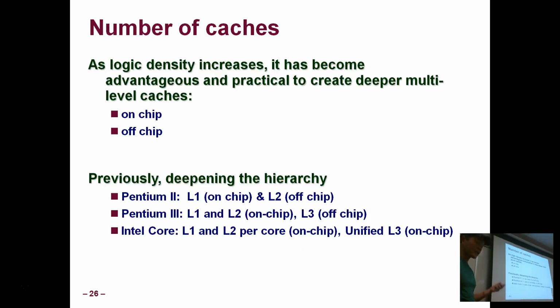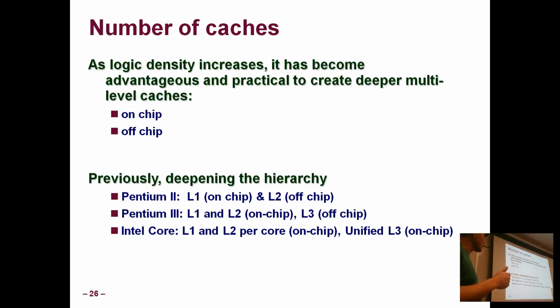Okay, the last part is the number of caches that you have. As the logic density increases and the CPU memory gap widens, we've gotten these deeper multi-level caches, both on-chip and off-chip.